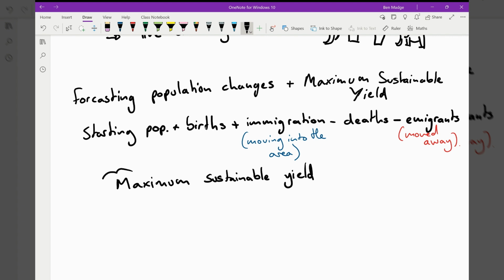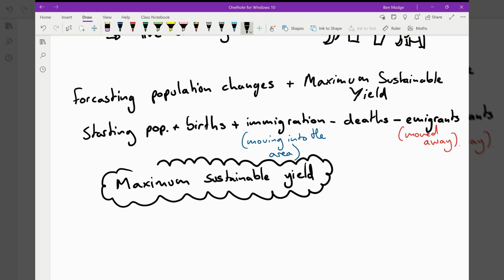Okay, so this is a really important idea within environmental science, managing things like fish stocks or a forest or some other natural resource.